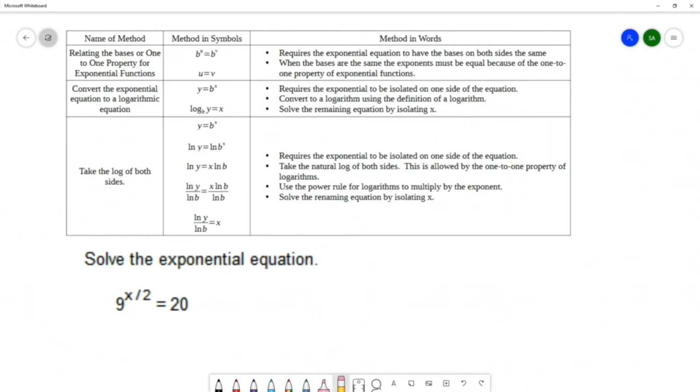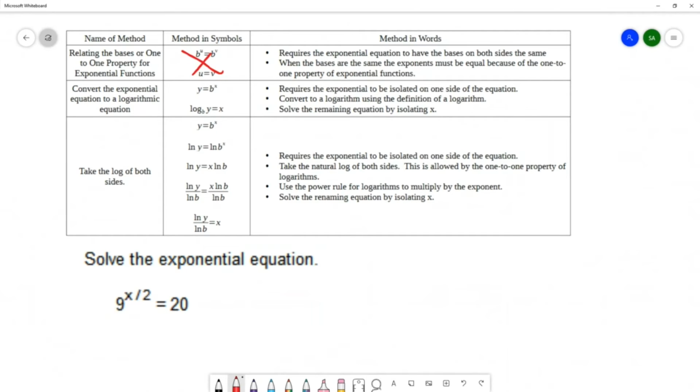I guess technically it can be written as 20 to the first power, but we can't change that base to some other base easily. So this method of relating the bases cannot be used in this example.